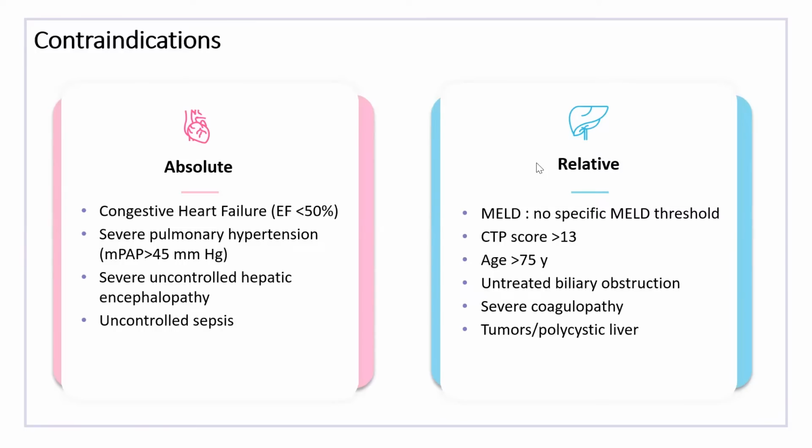So there is no specific MELD threshold for TIPS, and most TIPS studies used CTP score, and patients with greater than 13 were excluded, and these patients will have high MELD. None of these studies had patients greater than 75 years of age. And other relative contraindications would be untreated biliary obstruction, severe coagulopathy, and there may be technical difficulties if there are tumors in the liver or the patient has polycystic liver disease.